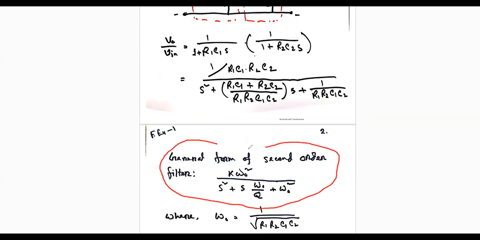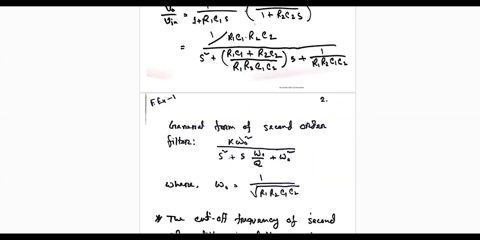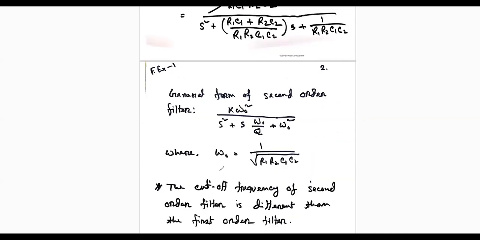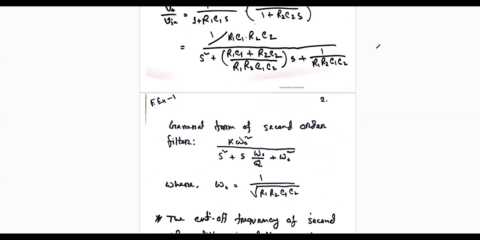Comparing this ugly equation with the general format of the second order filter, this is equation number 1 and this is the general equation number 2.